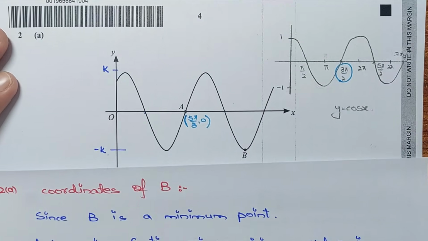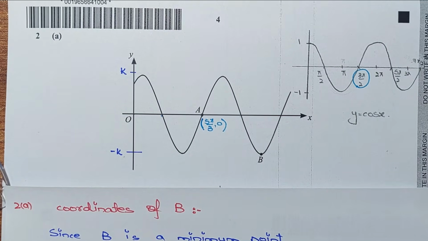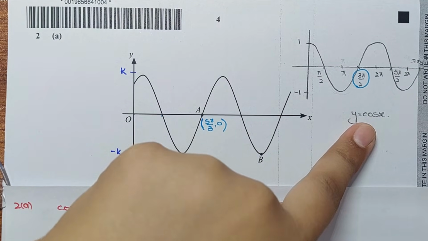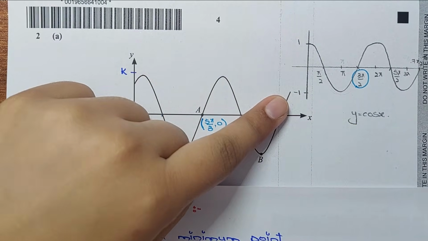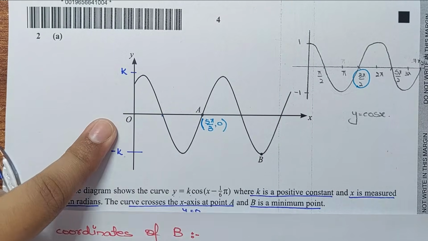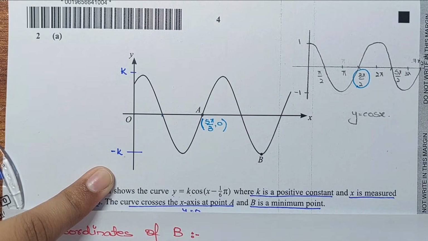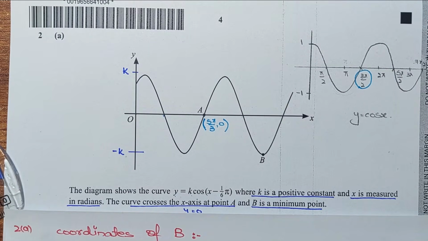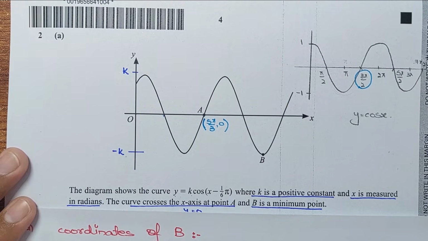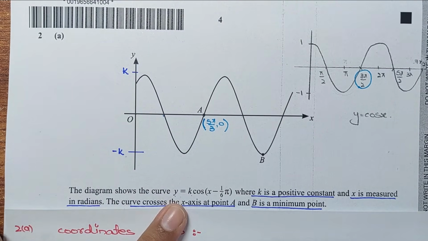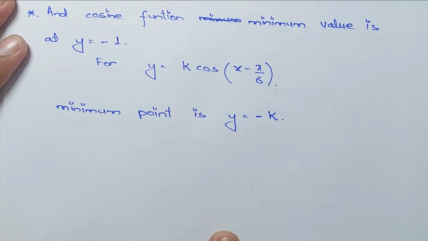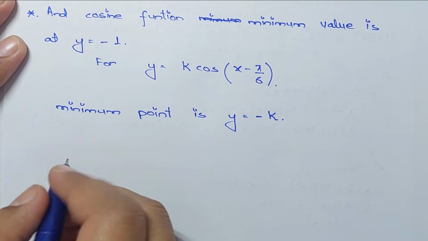So how do I get y equals negative k? As you can see, for the cosine function, the maximum point is 1, the minimum point is minus 1. And for this function, the maximum point is k and the minimum point is negative k. So negative k is basically the y coordinate of the minimum point. So when the y value is negative k, just substitute over here and solve for the x value.